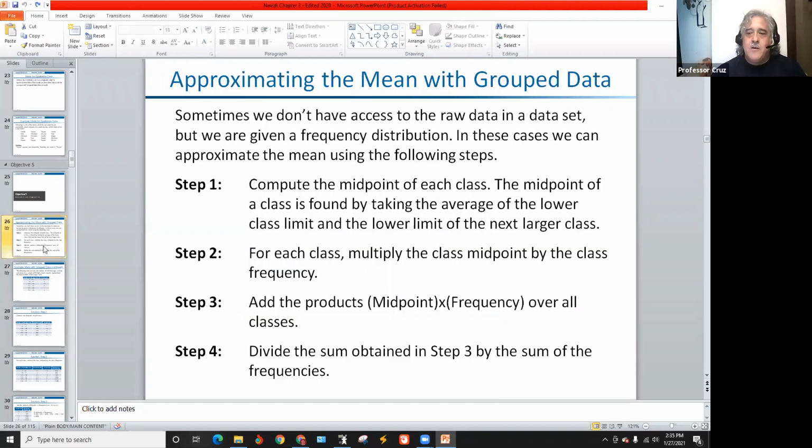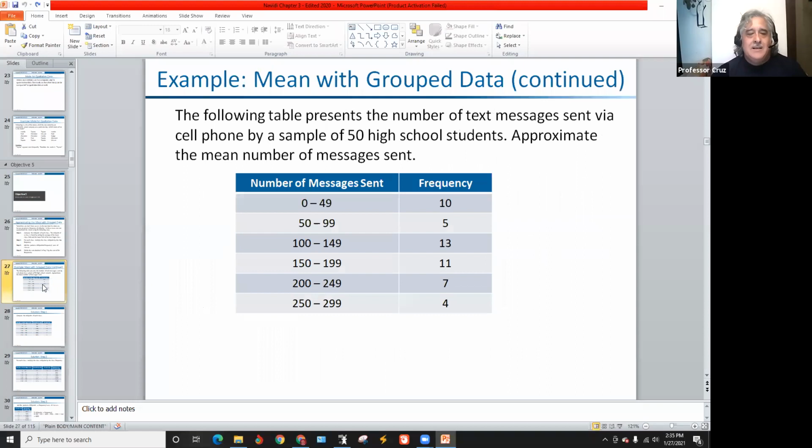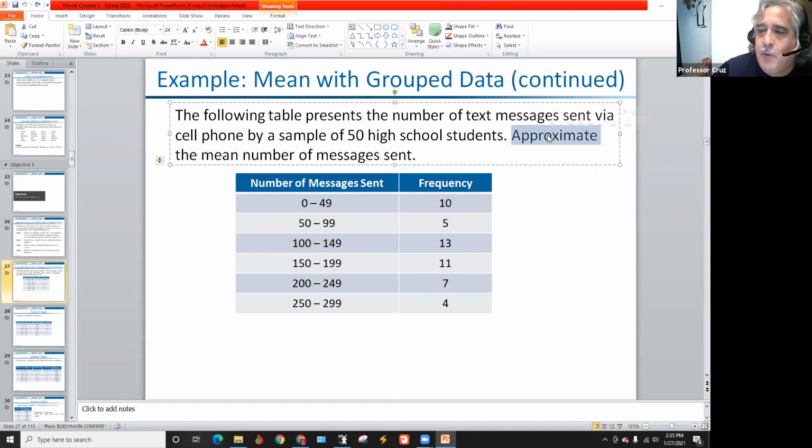Now, in order to be able to calculate the mean from data like this, if you were to take the original data and calculate the mean on it and then calculate it like this, it'd probably be close, but that's why they call this an approximation. Approximate the mean. Well, watch what they do.